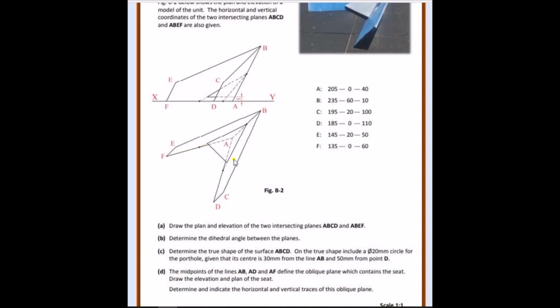That's easy to find. The only issue is how do we find the midpoint on the line AB? My suggestion, and the easiest way I find of doing this, is to imagine B is the top of a cone and A is the base of the cone.